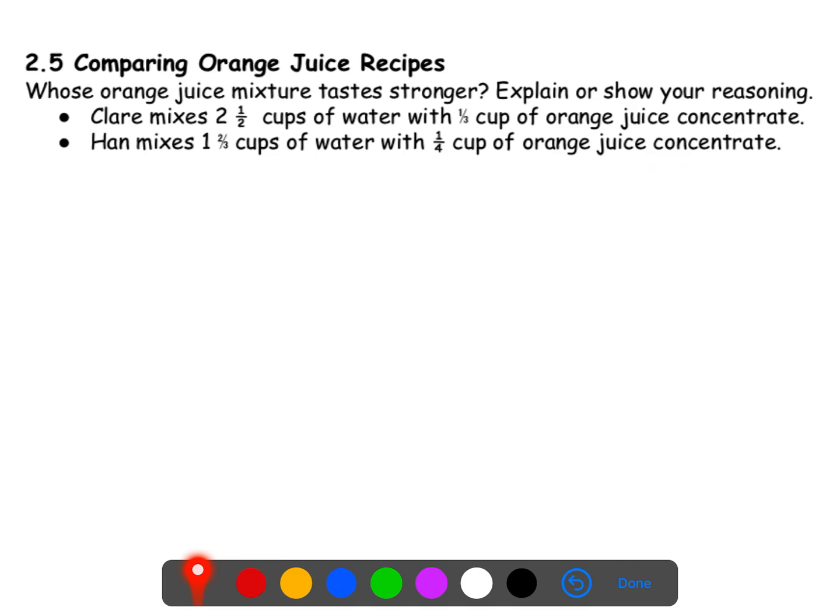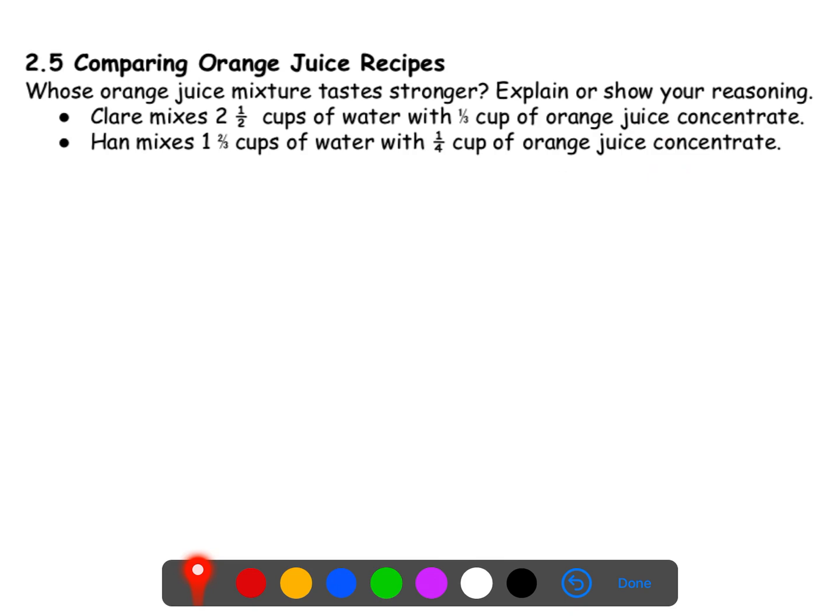If we're looking for a mixture that tastes stronger, do we want a recipe that has more water and less concentrate, or the opposite? Hopefully you're thinking we want less water. The term watered down comes to mind. We want more orange juice concentrate so it tastes stronger.